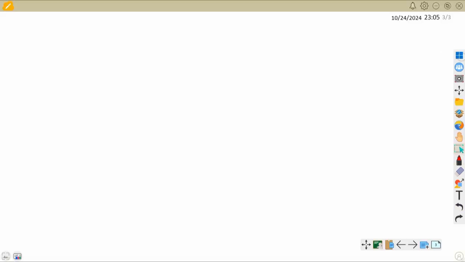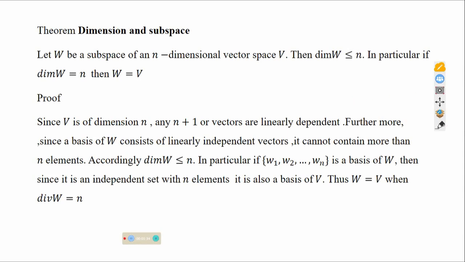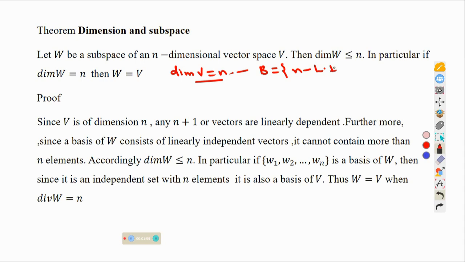Because we understand that if n is the dimension of V, then it means the basis of V contains n linearly independent vectors. Because you understand that for a basis to be formed, we must satisfy the two conditions.